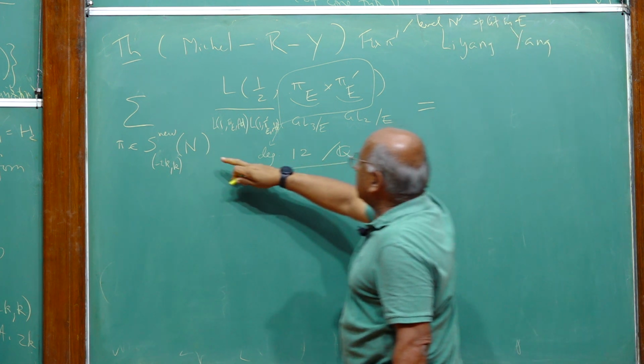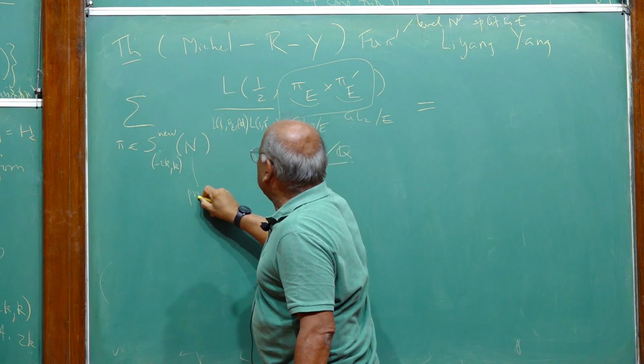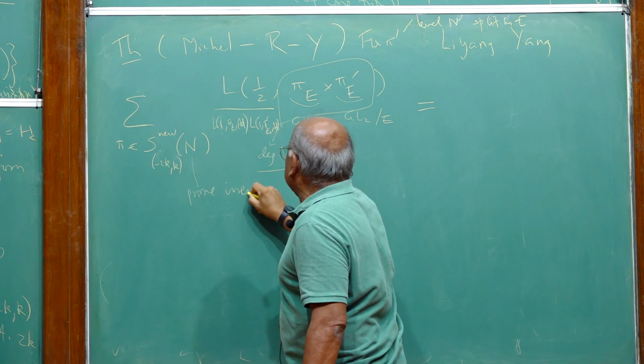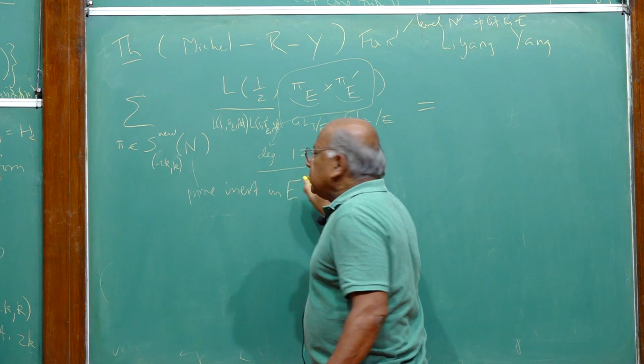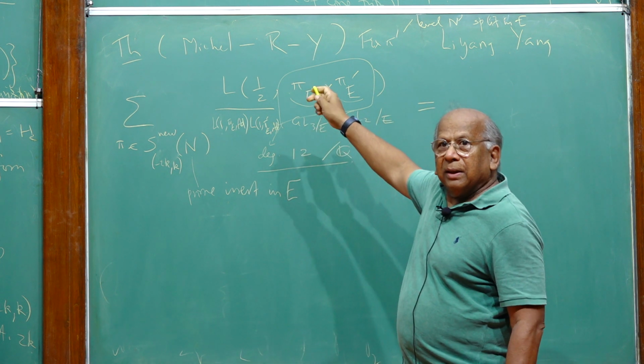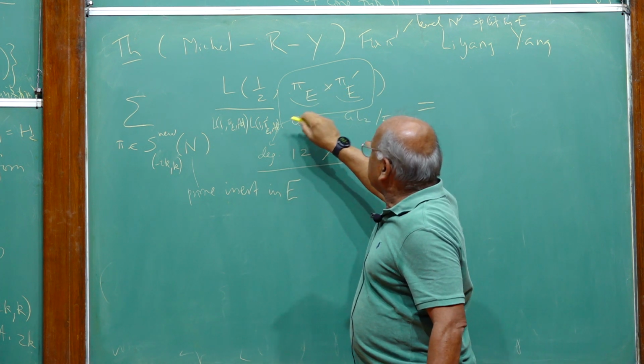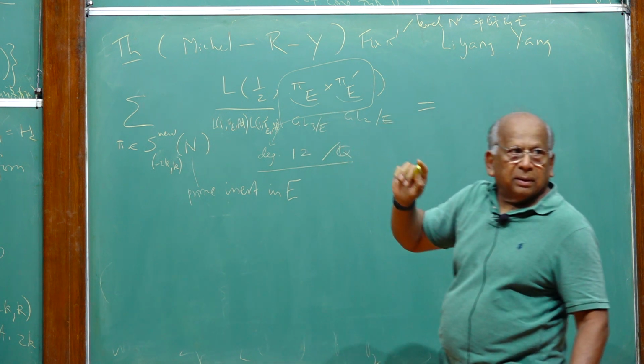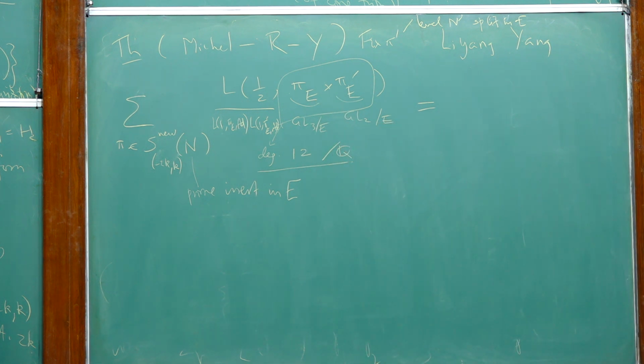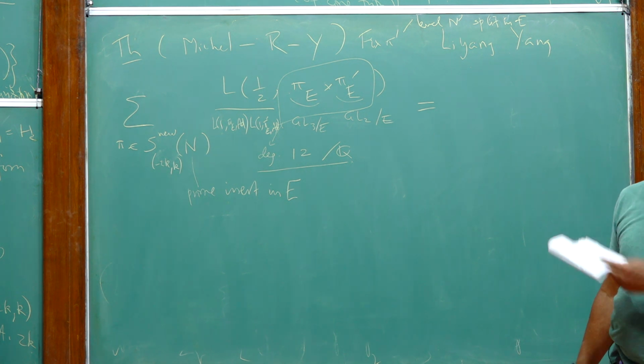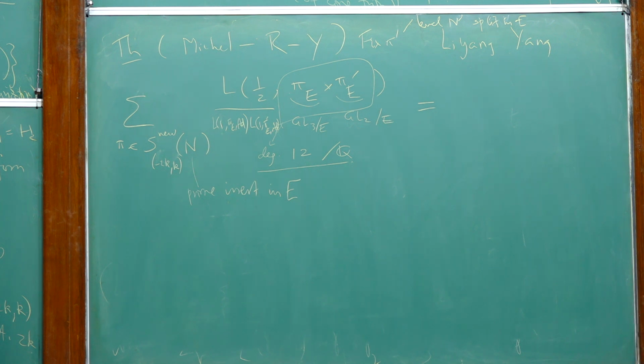And then n here is going to be prime, which is inert in E. Again, why do we do that? That's a simple way, it turns out, to make sure that the root number is +1. Otherwise you have to always have some condition to make the root number 1. We can't be proving things about root number -1 because it's always 0.